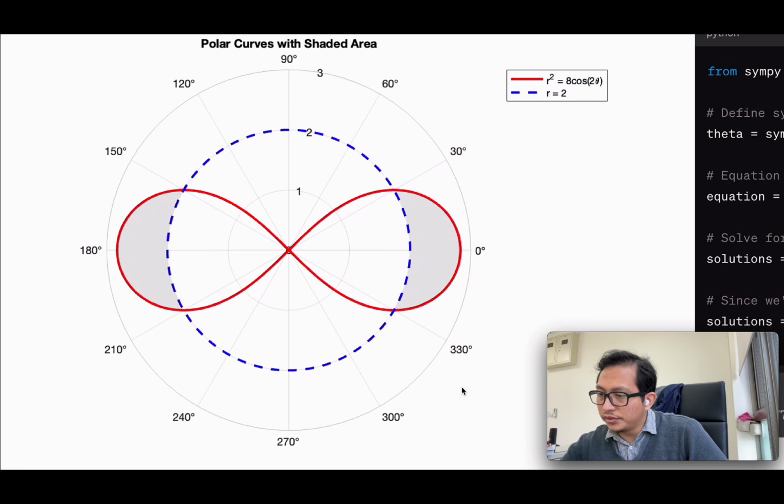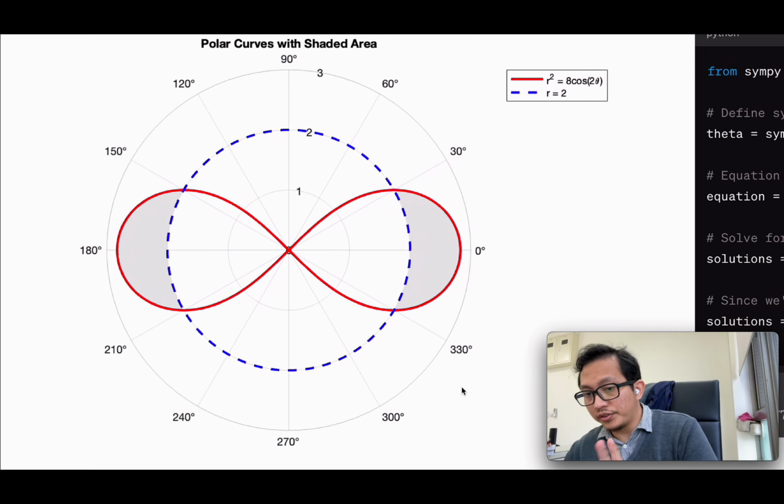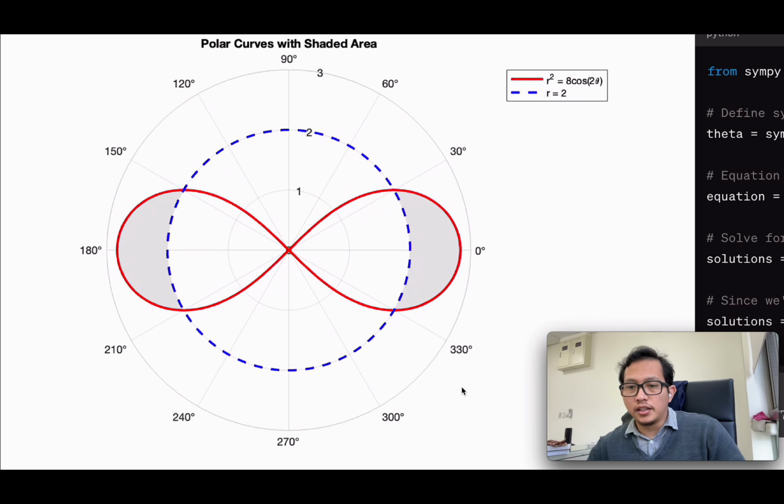What I found quite interesting is that if you study calculus and learn about parametric or polar curves, a common mistake is that some curves have loops. For example, here is a curve that has a loop.